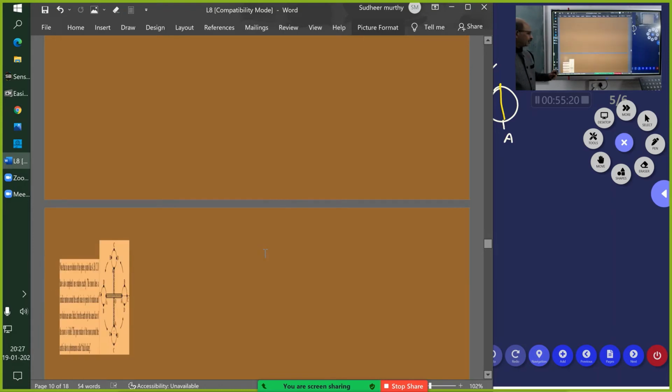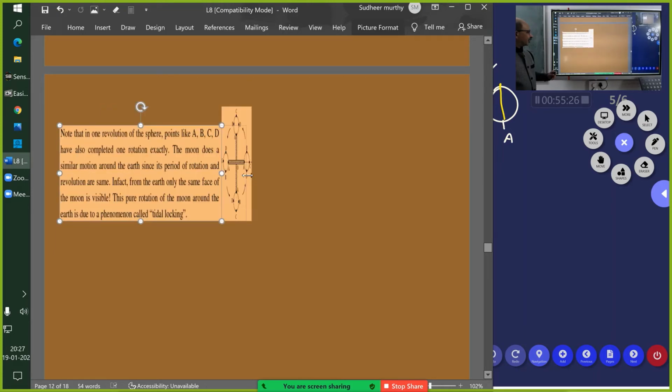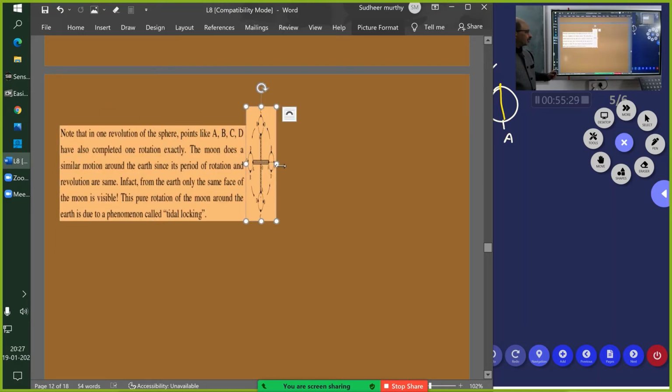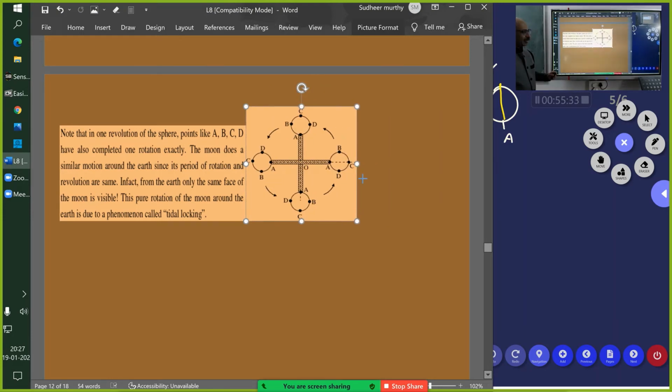Even in that previous example, you said there was only pure rotation, because omega AB is equal to omega of that point.